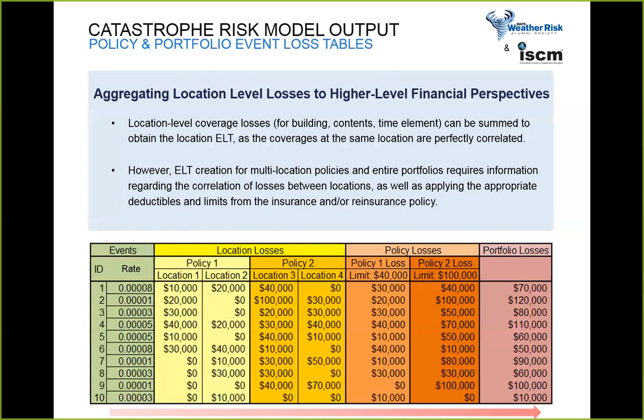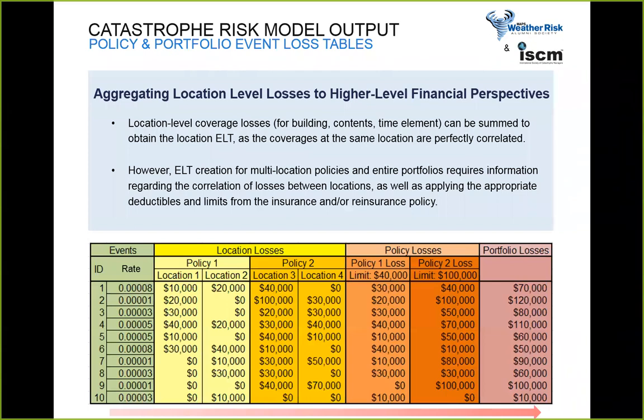However, once you start getting to multi-location policies, you do not have perfect correlations anymore. So you need to start considering what is the correlation of losses between different risks. Is there a higher correlation between risks in a tropical cyclone if they're 1 mile apart? Does it change if the risks are 5 miles apart, 100 miles apart? Those are questions that the modelers need to answer and might come up with different answers for.